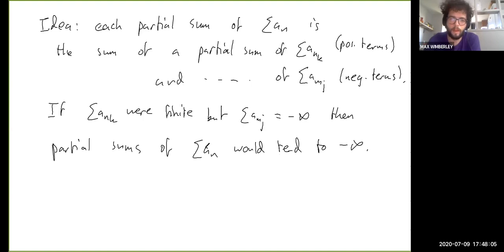And that's just because each partial sum of a_n is the sum of one of these partial sums and one of these partial sums. So if these tended to some finite number, and these tended to negative infinity, then when you add them together, you'd get something that tended to negative infinity. So this can't happen.